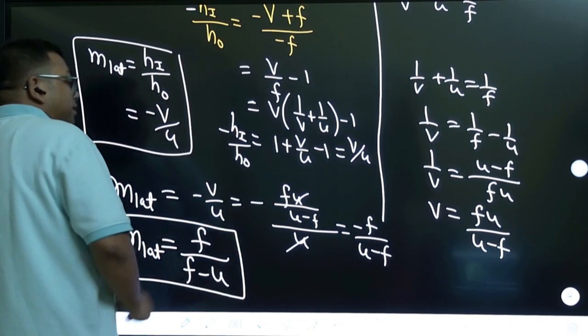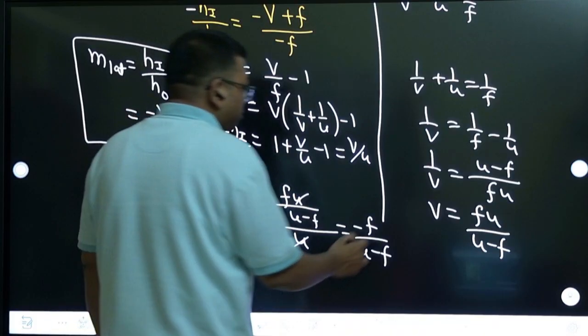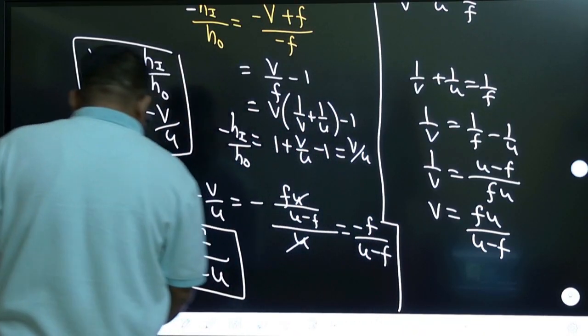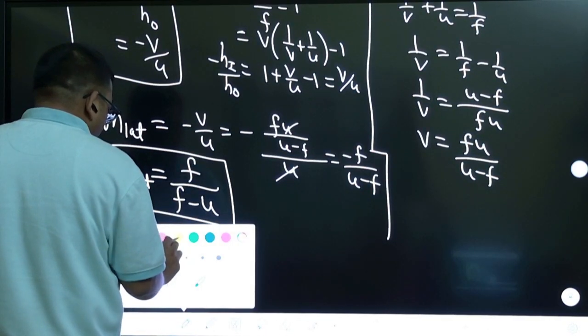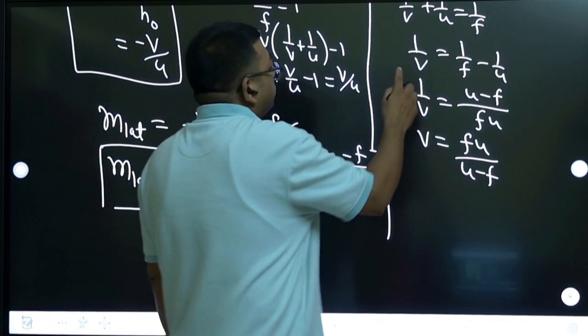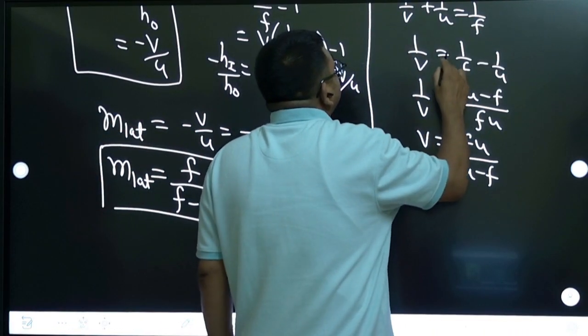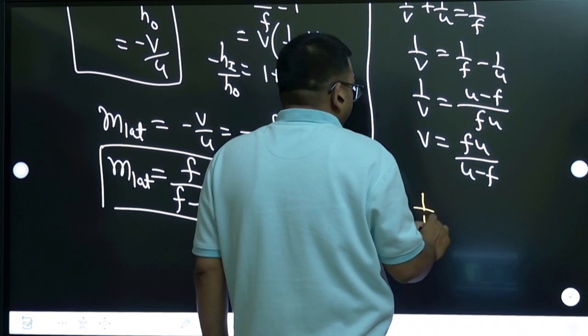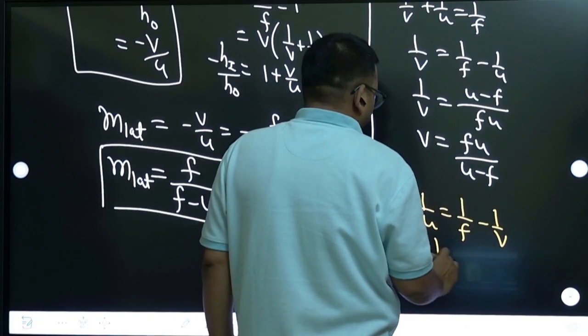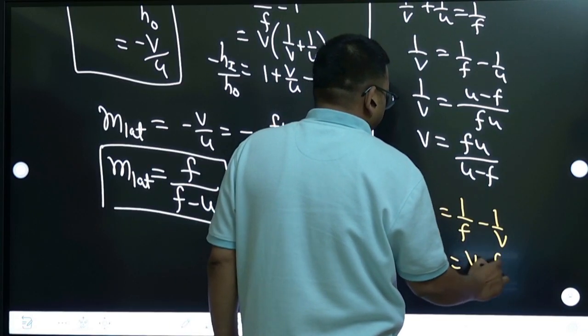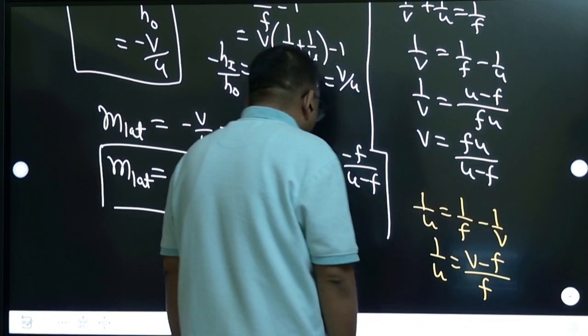But suppose I want to write it in terms of v and f, then I will substitute u here. So you have to calculate. 1 by u will become 1 by f minus 1 by v. Then 1 by u will become (v minus f) by fv.